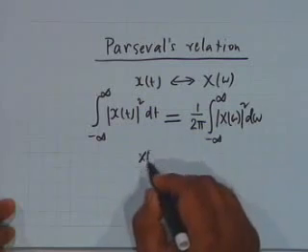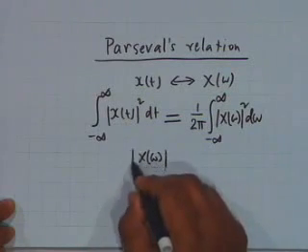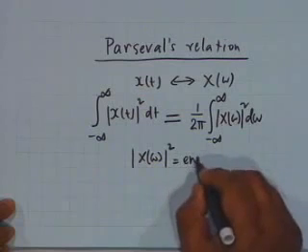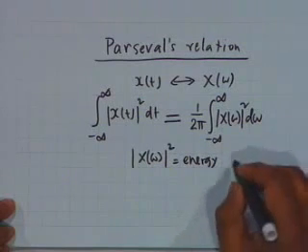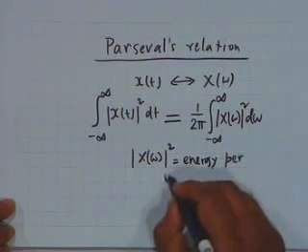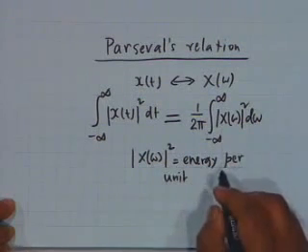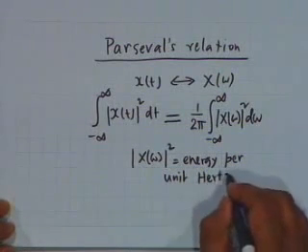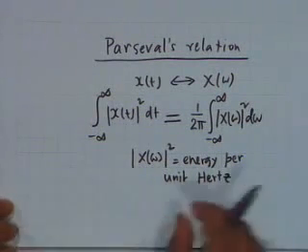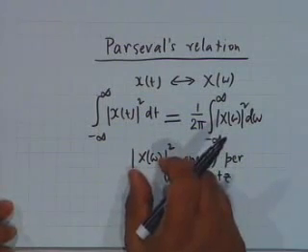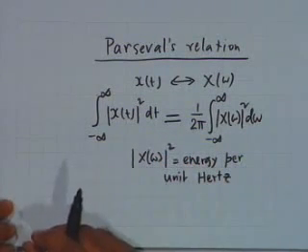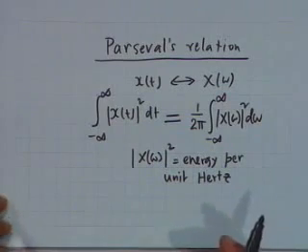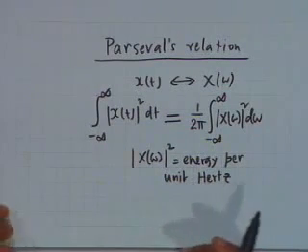Therefore the interpretation of |X(omega)| squared is that it is the energy per unit cycle per second, or per unit hertz. Energy per unit hertz, that's the interpretation of |X(omega)| squared, and this is in the frequency domain.